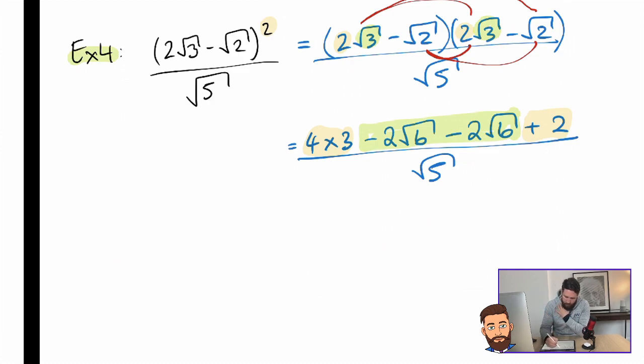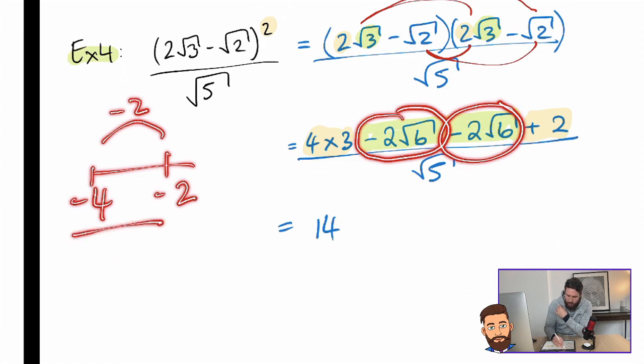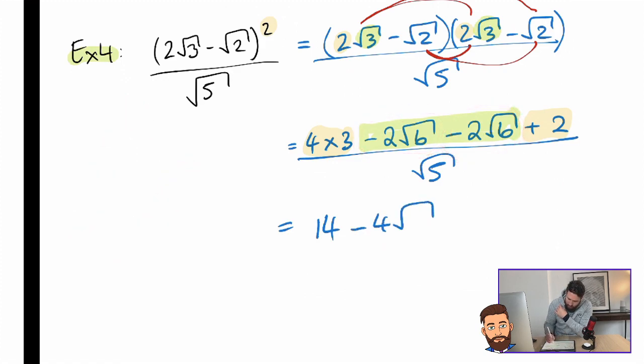So what we've got here is 12 plus 2, because 4 times 3 is 12, so that's 12 plus 2 is 14. Then we've got minus 2 root 6, take away another 2 root 6. So if I'm at minus 2 and I take away another 2, that gets me to minus 4. So that is minus 4 root 6 all over root 5.